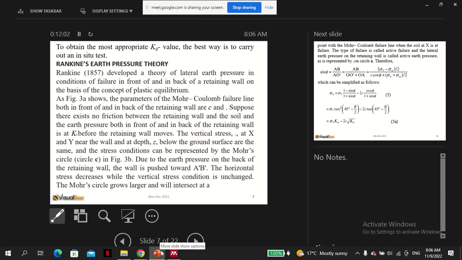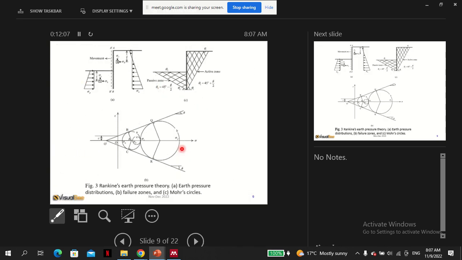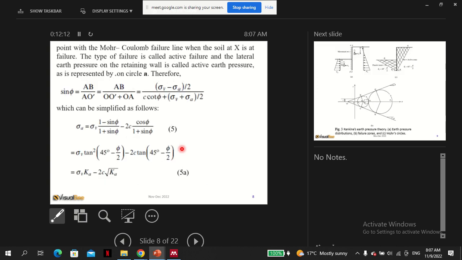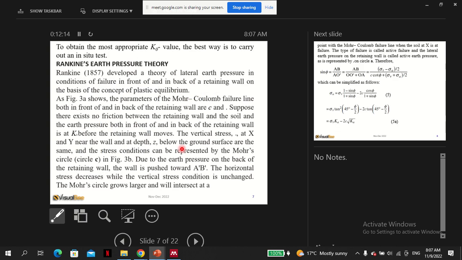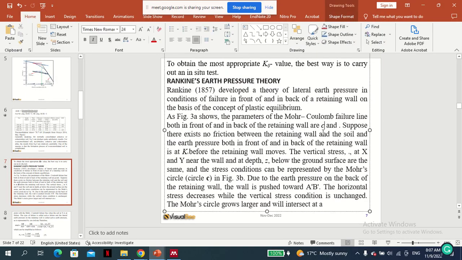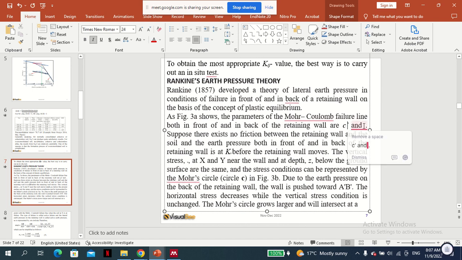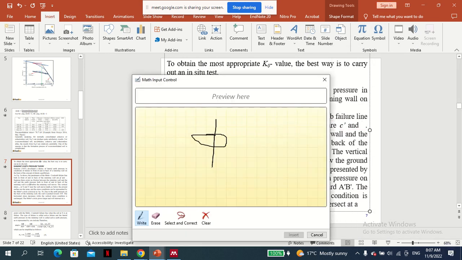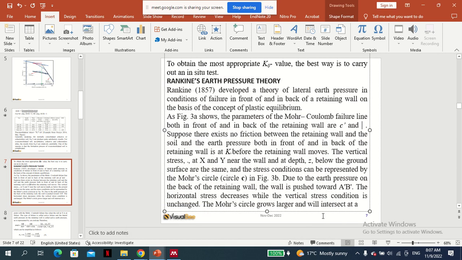I think something is wrong here, so C and phi, I believe, is what it should be, and we can rectify that.